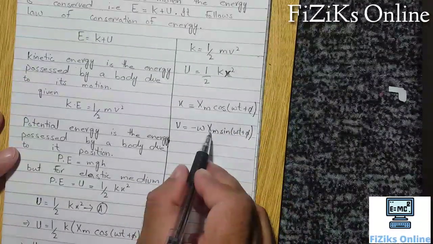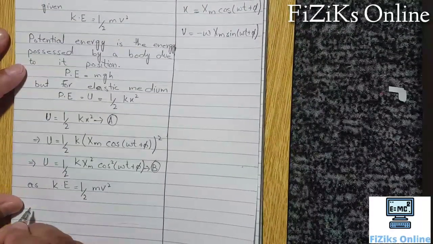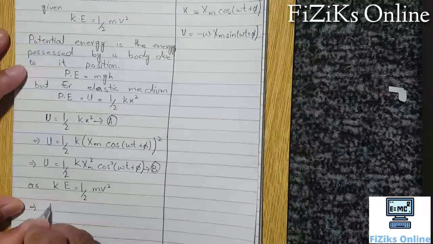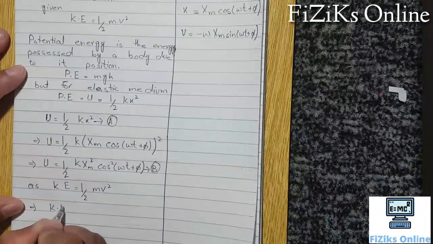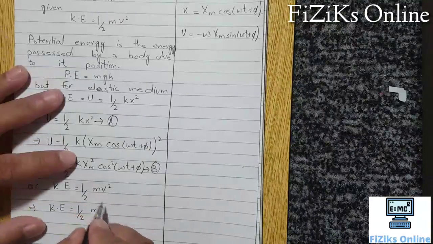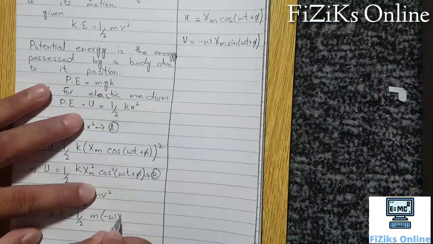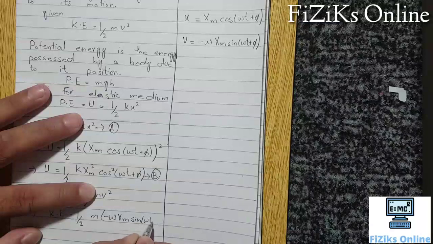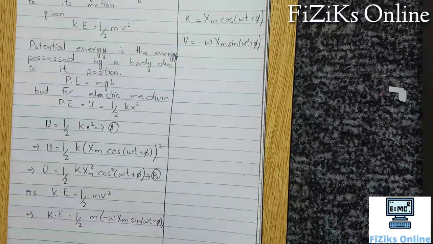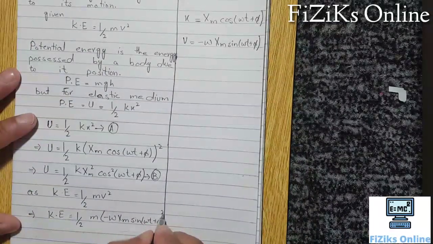Putting this value of v in this equation, KE equals half m, putting the value of v, minus omega xm sine(omega t plus phi), whole square.